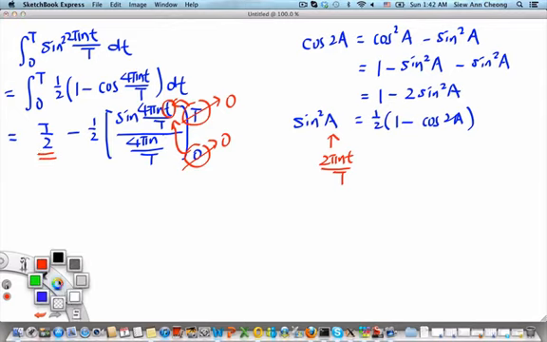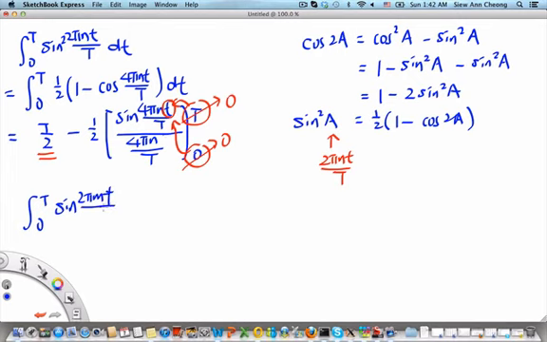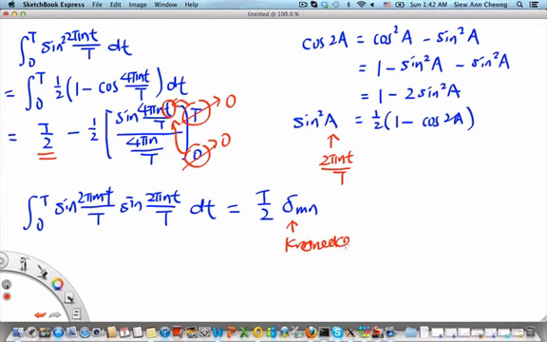Now we can combine the two results together and write this as the integral from 0 to T of sine 2 pi mt over capital T, and then sine 2 pi nt over capital T dt, is equal to T over 2 delta mn, where delta mn is of course the Kronecker delta, which you have seen earlier on.